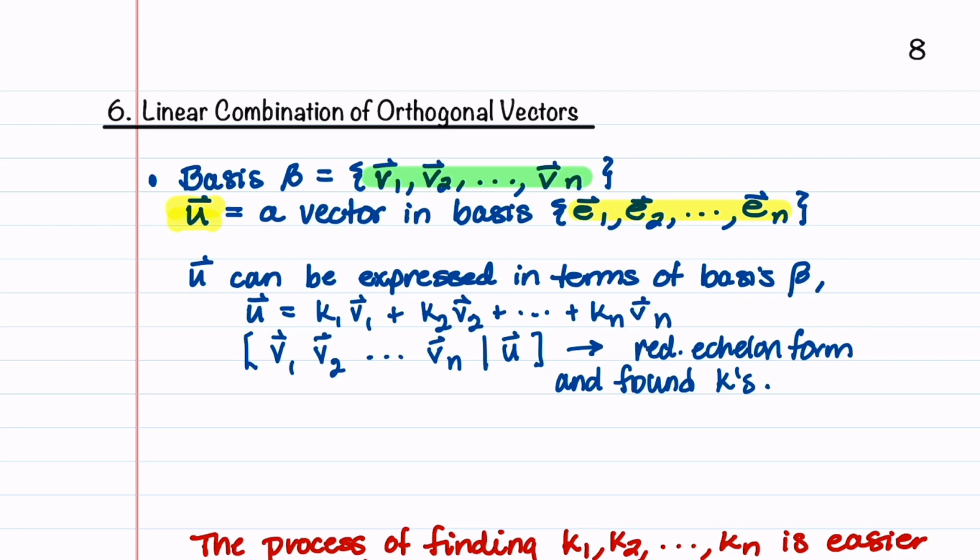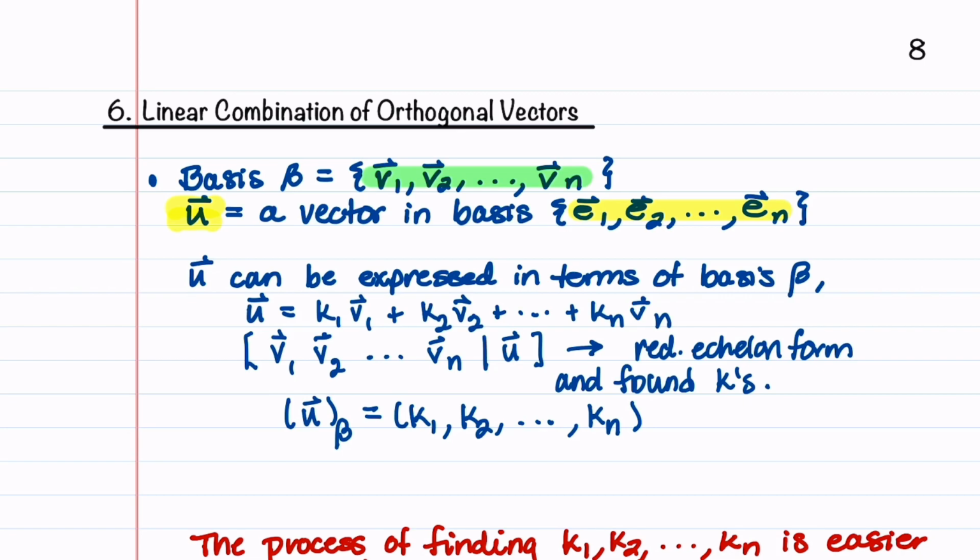That's how you express a vector as a linear combination of other vectors when those vectors are not orthogonal. This then gave us our coordinate vector in terms of our basis beta as K1, K2, all the way up through Kn. That was a pretty lengthy process.